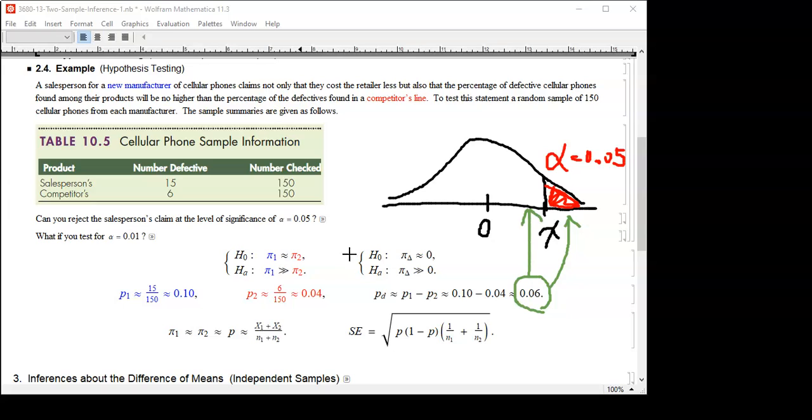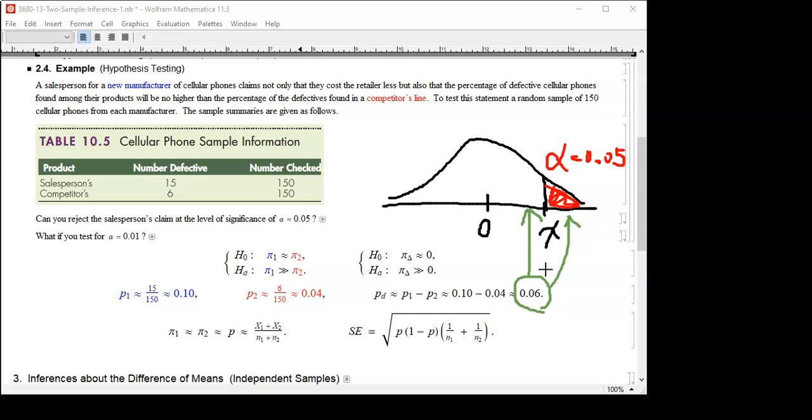And the second way is a little bit easier to associate with this normal picture, because null is the difference is 0, so centered around 0. That was easy. And then the critical value you're looking for, and then compare that with the difference of proportion observed from the sample study. And that was 6% point. So whether it goes here or there, that is the question. All good? All right.